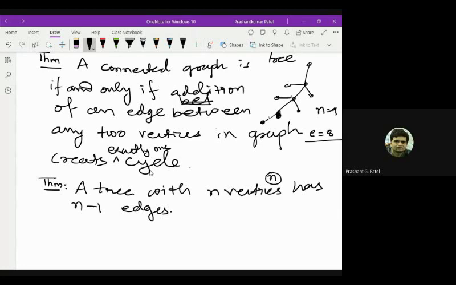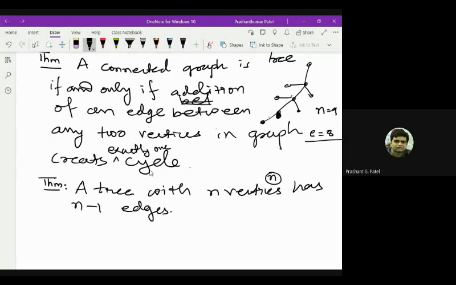Okay, and this result one can prove using mathematical induction. We're not discussing the proof, but one can easily prove that using mathematical induction.